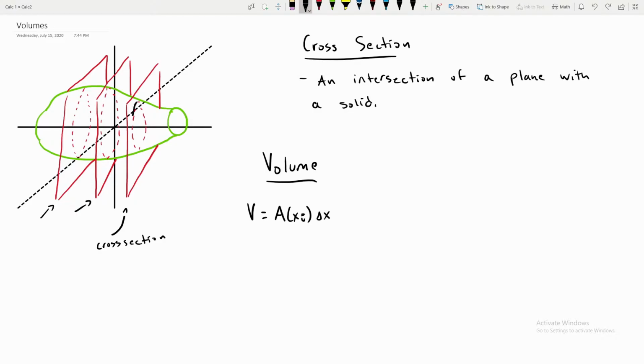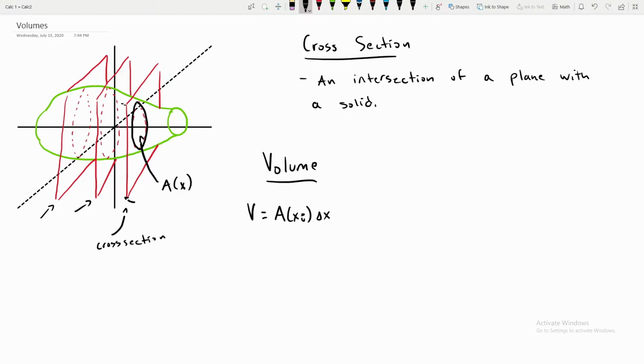So let's look at this cross section right here. I'm going to outline it in black, and this essentially is an intersection of our plane with the solid. Let's say the area of this little cross section is A of x. Well, if we want to find the volume of that, all we need to do is consider how thick this slice is.